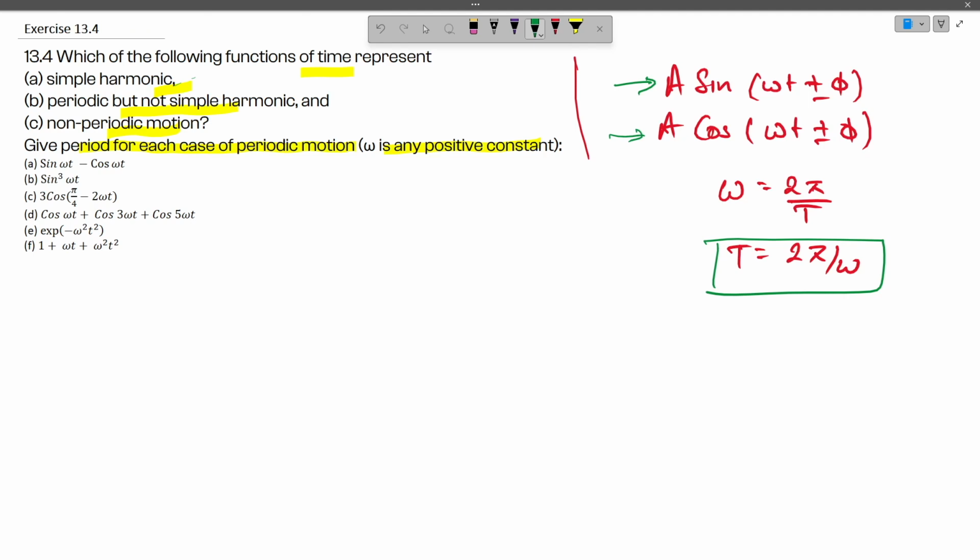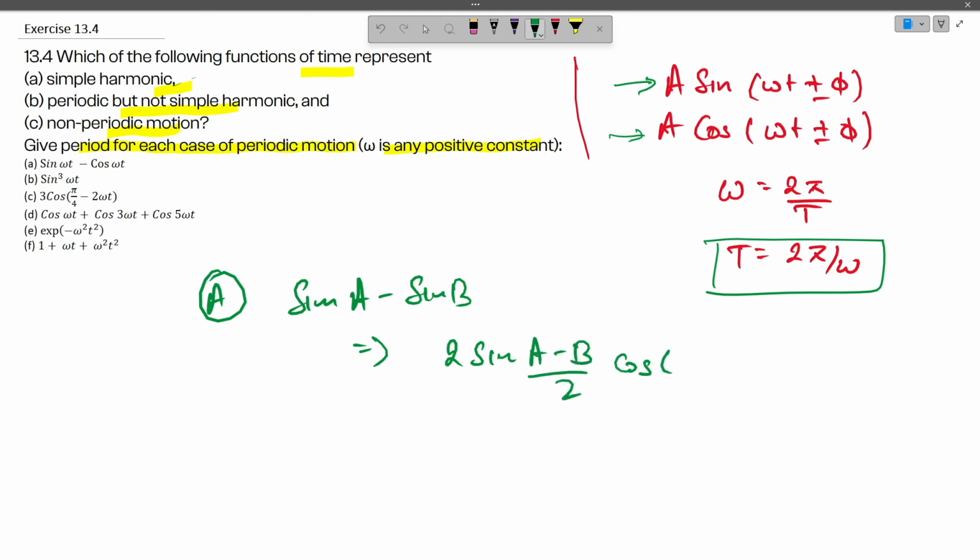We can use the identity sin a minus sin b equals 2 sin((a minus b)/2) cos((a plus b)/2). Using this identity we can write the equation in the form of root 2 sin(omega t minus pi by 4).